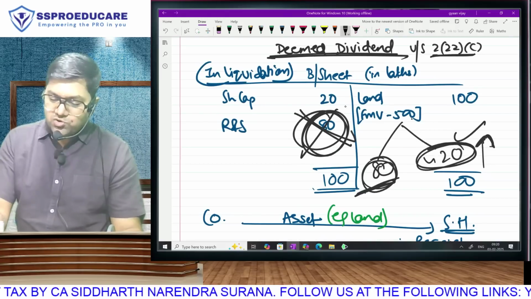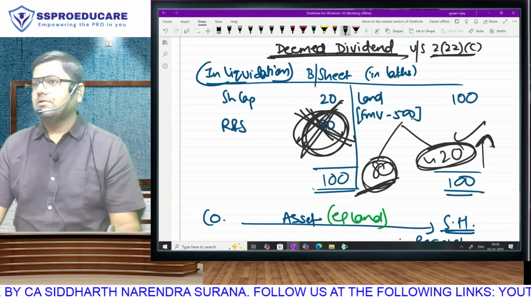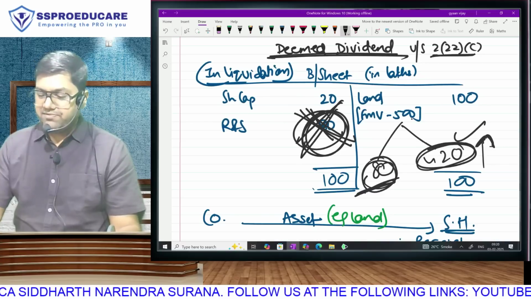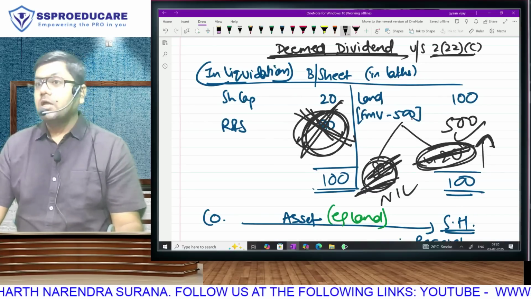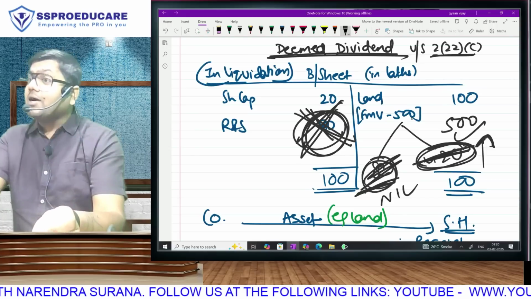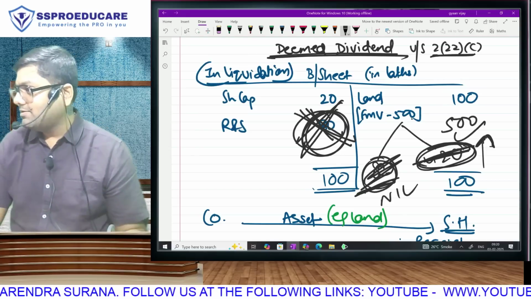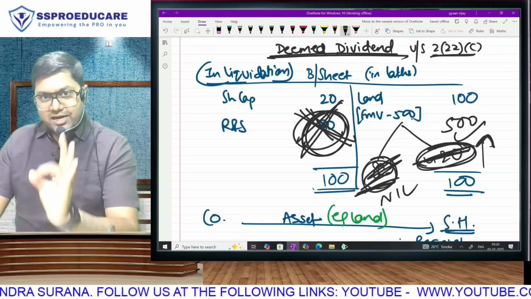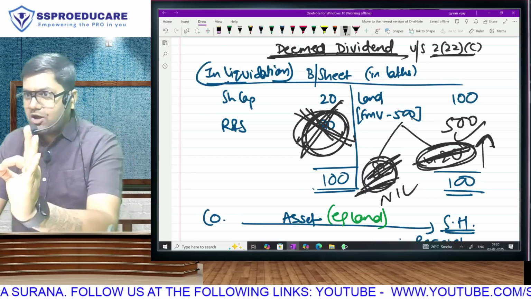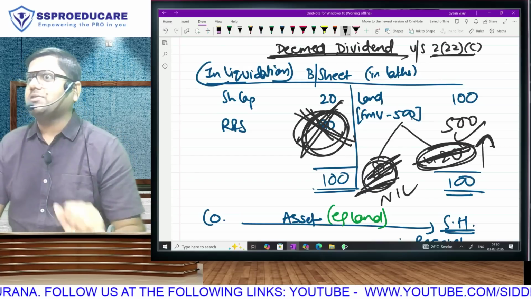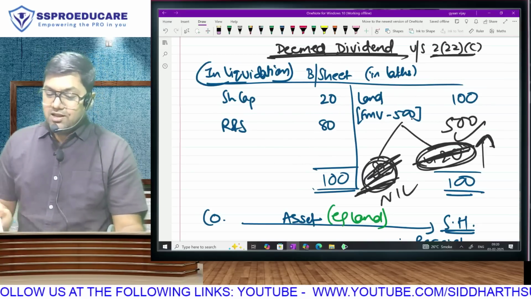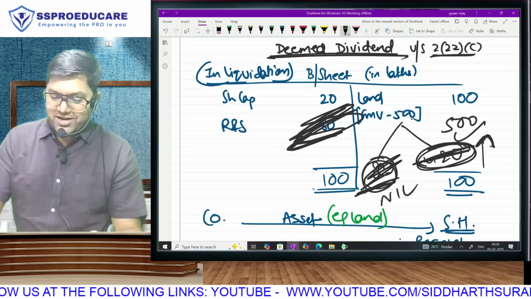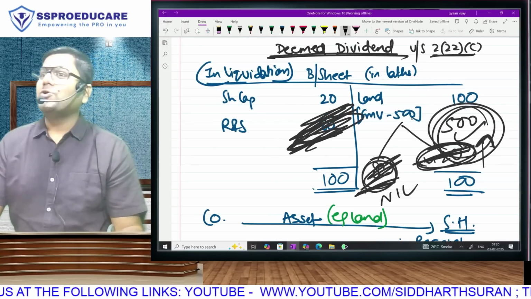If this amount was not there in the balance sheet, then how much will be deemed dividend? Nothing. Then full amount 500 will go in. Still I have to pay tax on 500, but it will be taxable at a lower rate. Everyone agrees that showing more amount in capital gain is better than IFOS. But I have to show IFOS because of this 80. If I remove 80 from the balance sheet, I will be able to achieve this.